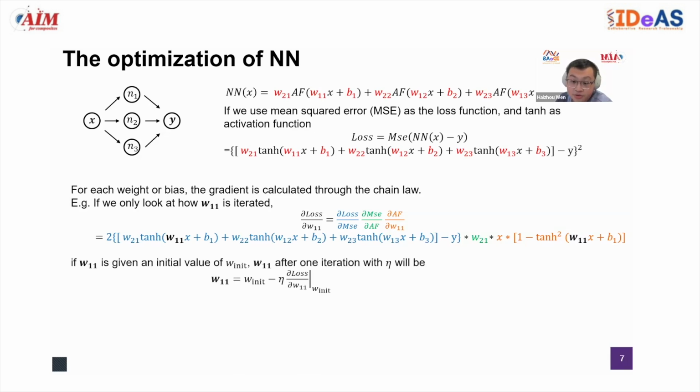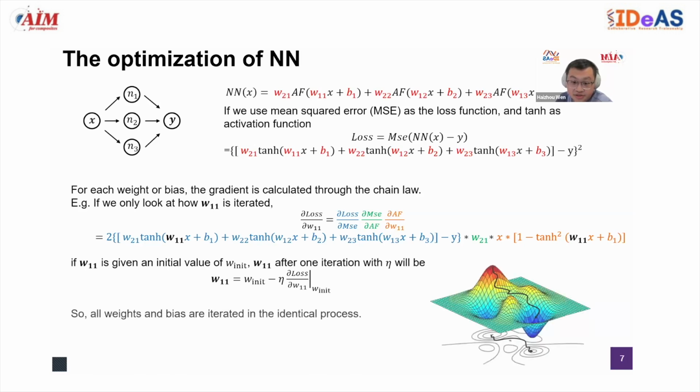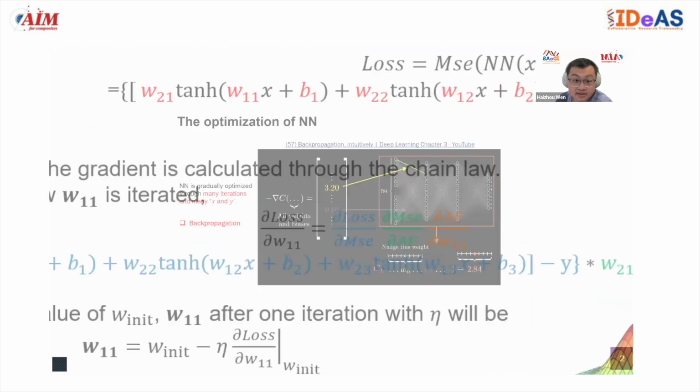Gradually, through the gradient descent process, we would finally have the optimal value of W11 that gives minimum loss. All weights and biases go through the same process, and it's like climbing down a multi-dimensional mountain to reach the mountain valley.